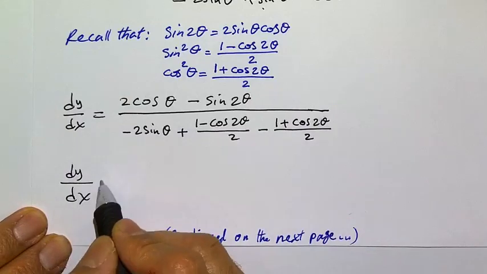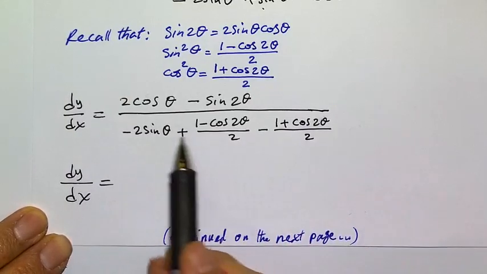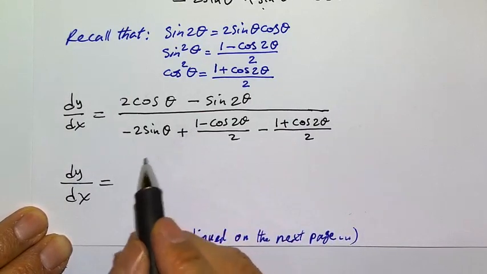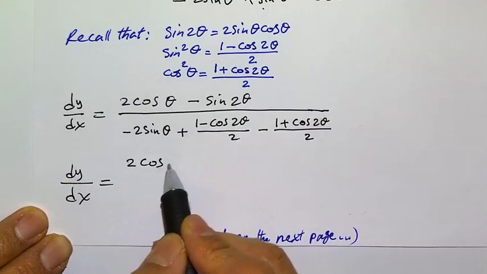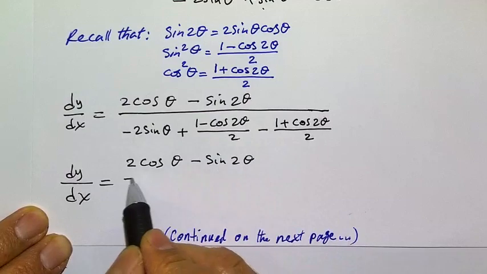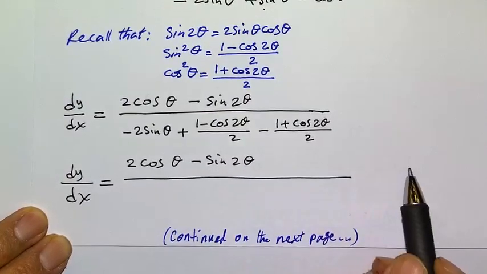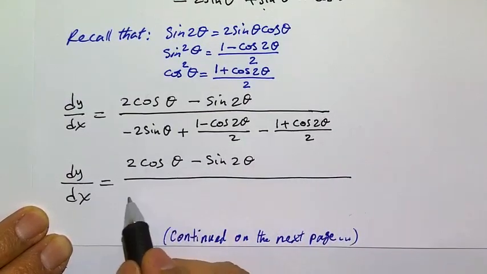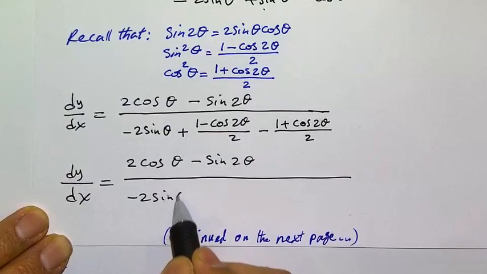dy dx is equal to, so we have 2 cosine of theta minus sine 2 theta, like that, minus 2 sine theta.